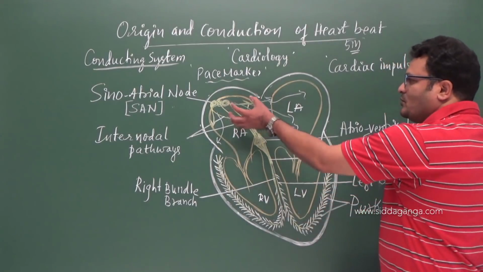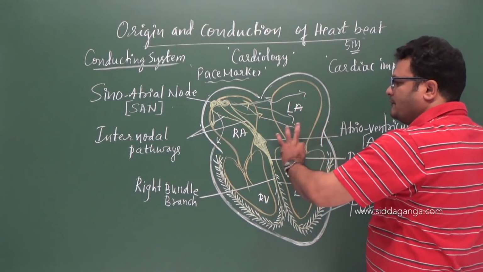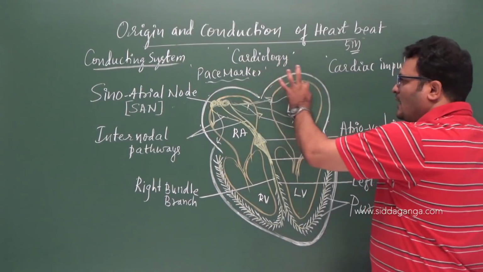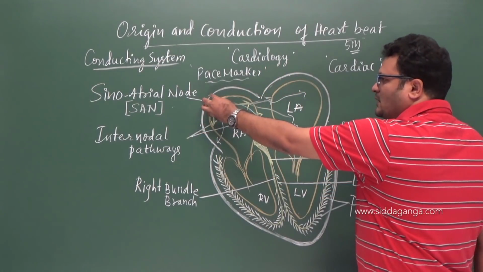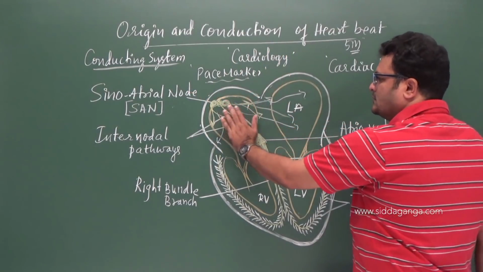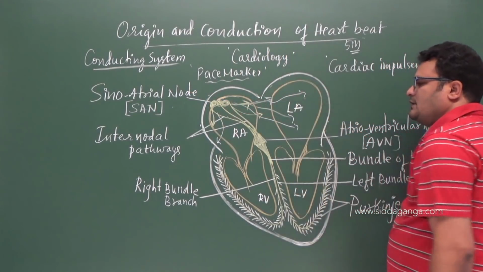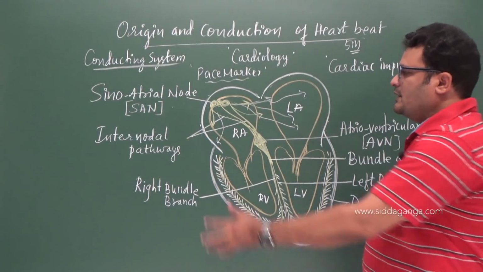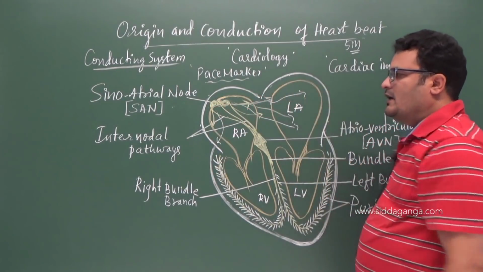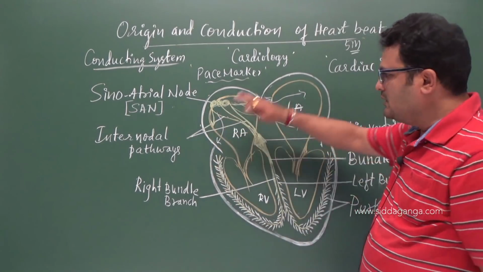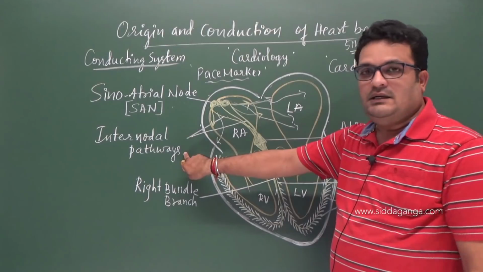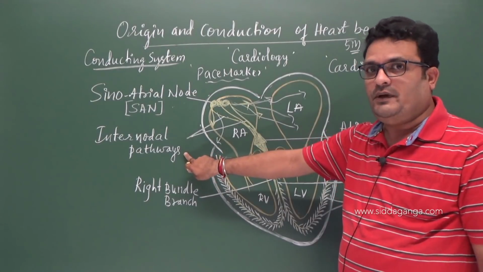These impulses move first into the atrial chambers, because they are generated in the right upper corner of the right atrium. From the right atrium they move towards the left atrium with the help of fibers, and all these connected fibers are considered internodal pathways.